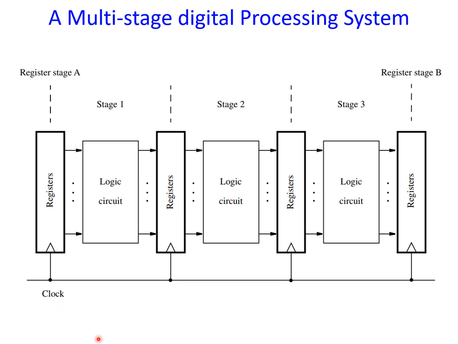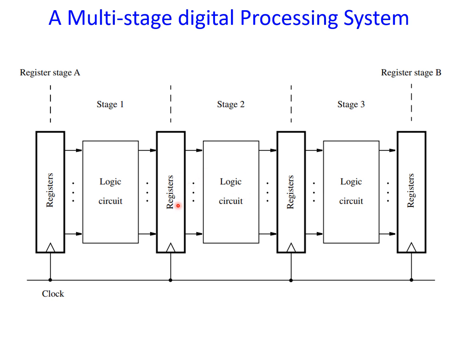This is an example of pipeline processing, or a multi-stage structure, where it is divided into 3 stages. For stages 1, 2 and 3 you have the logic circuits. In between these stages you have the buffer registers. You store the input in the input register, the circuit calculates, and the output is stored in the output register.